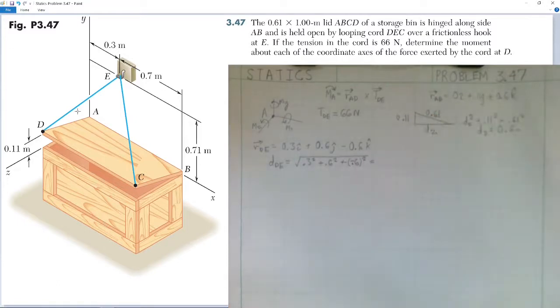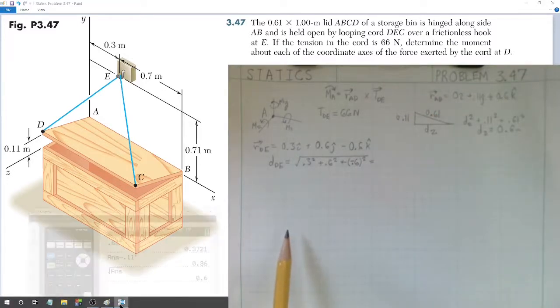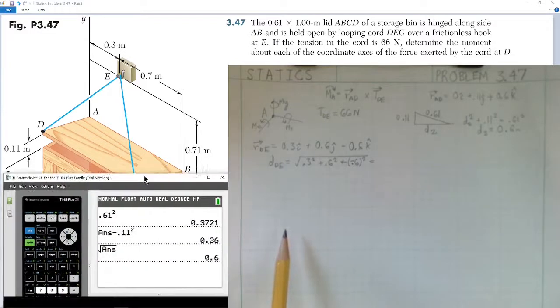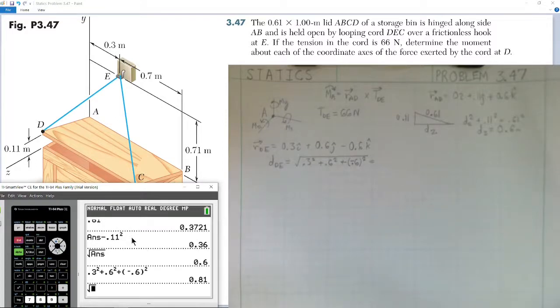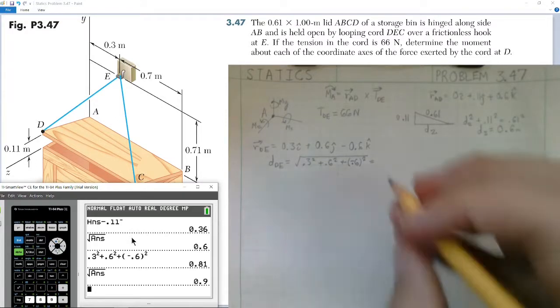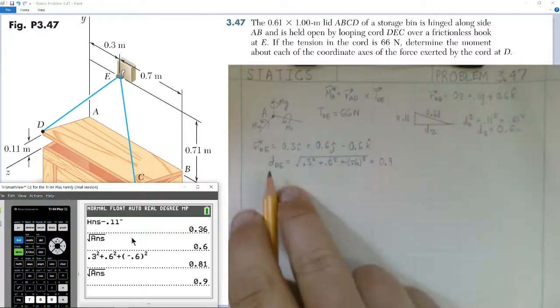So we pull up our calculator again. We have 0.3 squared plus 0.6 squared plus negative 0.6 squared. We'll square root this number, and we get 0.9 for the distance from D to E.